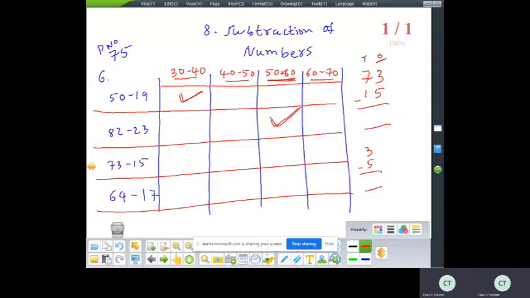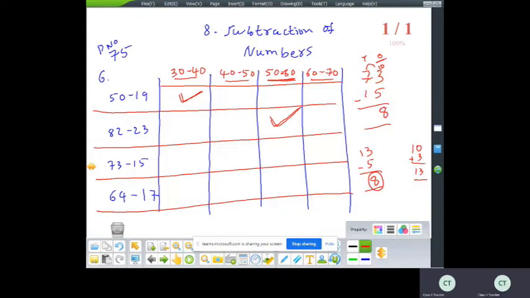We take borrow from 7 tens. Borrow, 1 ten is equal to 10 ones. Already 3 is there in ones. 10 plus 3, 13. Now it is 13. 13 minus 5, 8. This answer write in ones place.